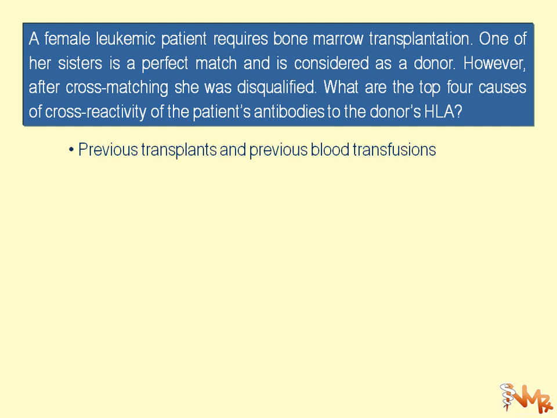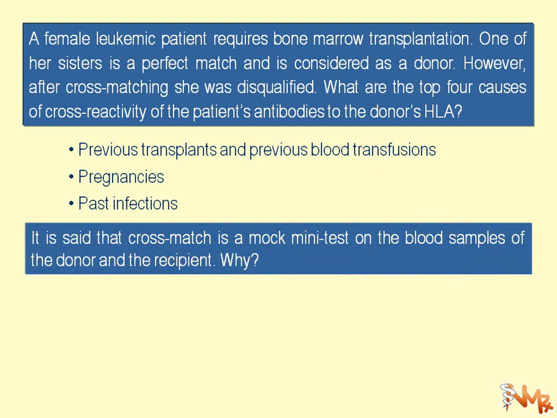Previous transplants and previous blood transfusions are 2 of them. The other 2 are pregnancies and past infections. It is said that cross-match is a mock mini test on the blood samples of the donor and the recipient. Why? I've already covered this for you.